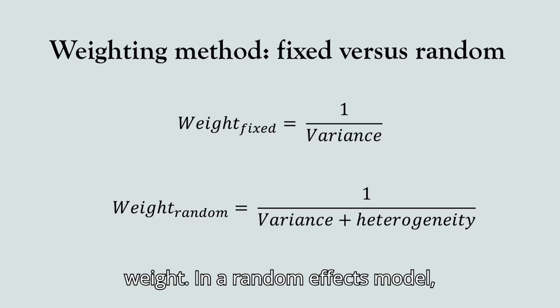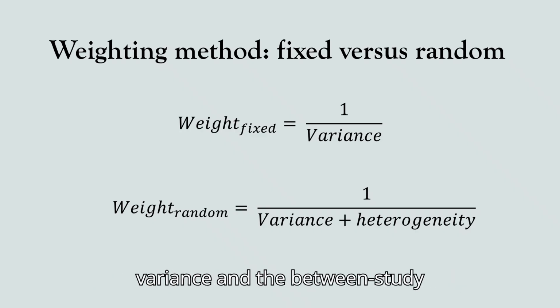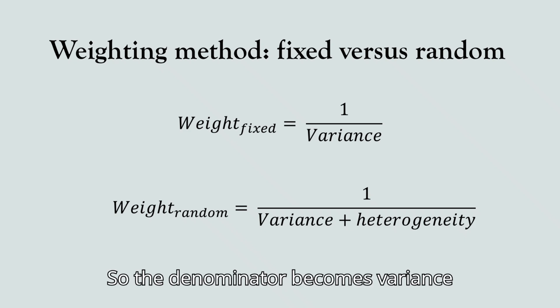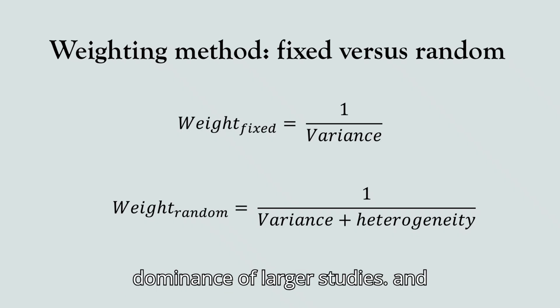In a random effects model, the weight includes both the within-study variance and the between-study variability or heterogeneity. So the denominator becomes variance plus heterogeneity. This reduces the dominance of large studies and gives relatively more weight to smaller studies.